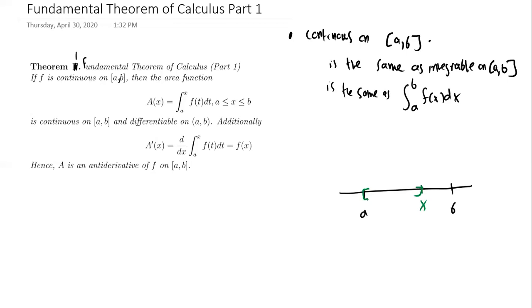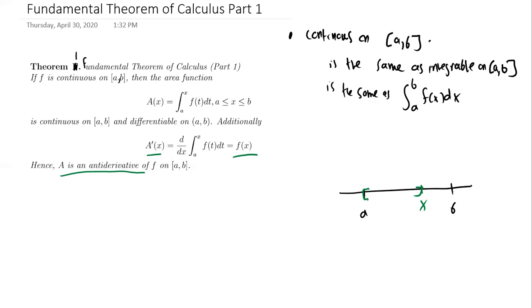Additionally, and this is the most useful part for us, the derivative of A of x, which in the previous video was approximated by f of x, turns out to be exactly f of x. So it's an equality, which implies that A is an antiderivative of f on the interval [a, b]. Again, that's the most important part.